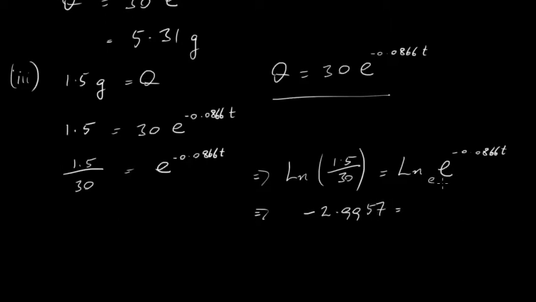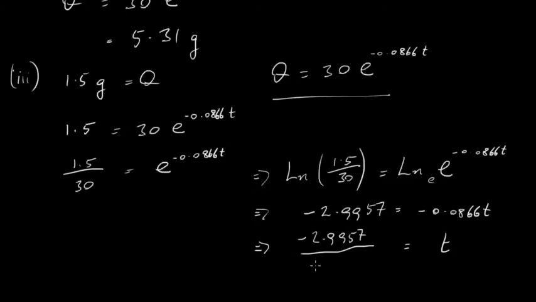And here, because again we've got an e as our base here, what do we have to raise e to the power of to get e to the power minus 0.0866 t? Well, it's just going to be minus 0.0866 t.